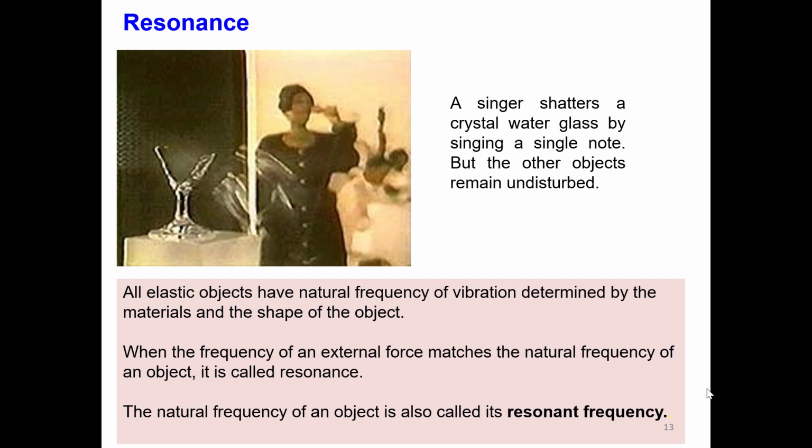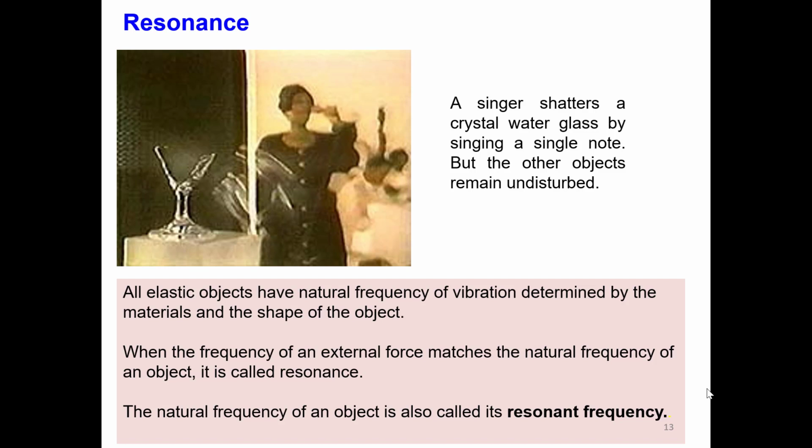We already know all the elastic materials can vibrate. But all the elastic objects have a natural frequency of vibration that is determined by the material and the shape of the object. When any external frequency matches the natural frequency of the object, this phenomenon is called resonance.